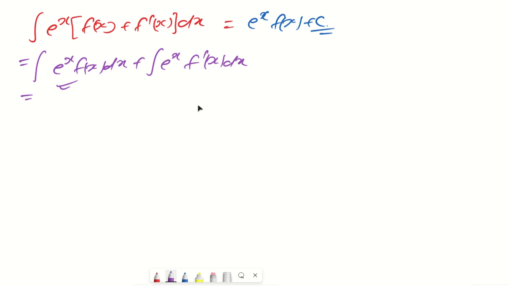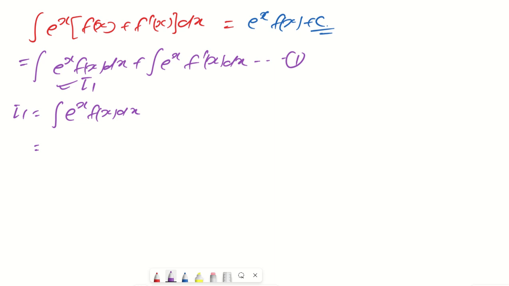Let us take the first one as I1, so I1 is equal to the integral of e to the power x f of x dx, and let this be equation number 1.